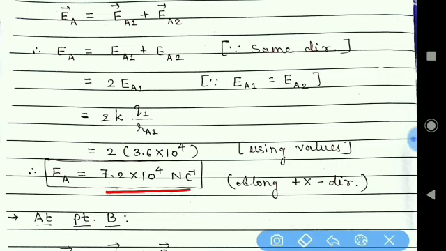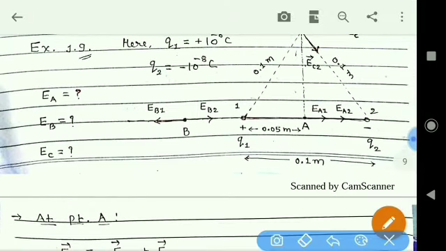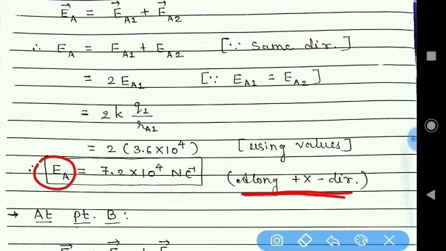Here simply there is a magnitude, but we know that the electric field is in this direction. You can see here in the figure, it is in this direction, which is positive x direction, and hence here it is given that the electric field is along the positive x direction. So we obtain the magnitude of electric field and its direction at point A.